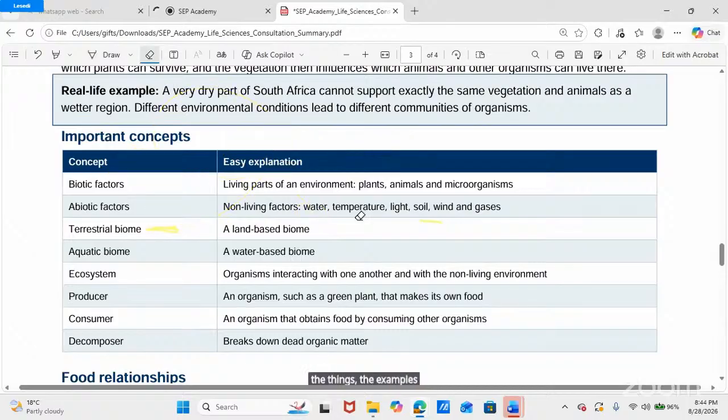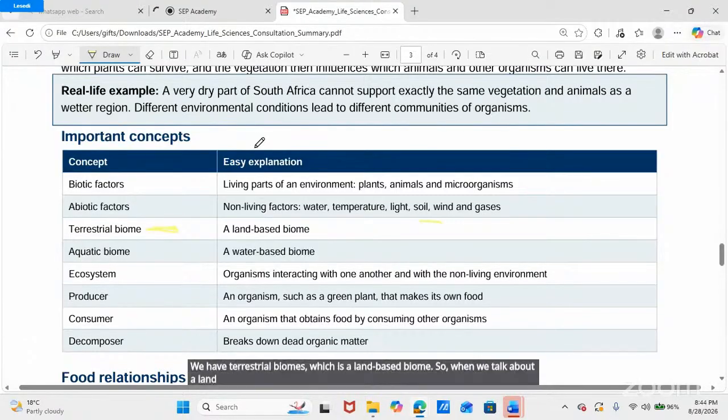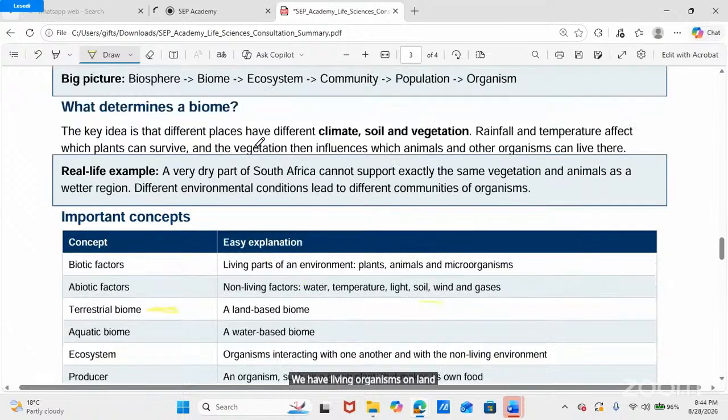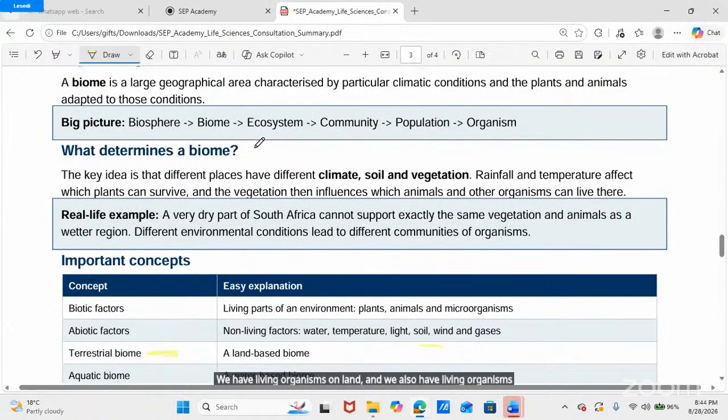So now moving on, we have terrestrial biomes, which is a land-based biome. When we talk about a land-based biome, we are simply talking about a biome that is situated on soil, the land. It has nothing to do with water. We have living organisms on land, and we also have living organisms under the sea or under the water.